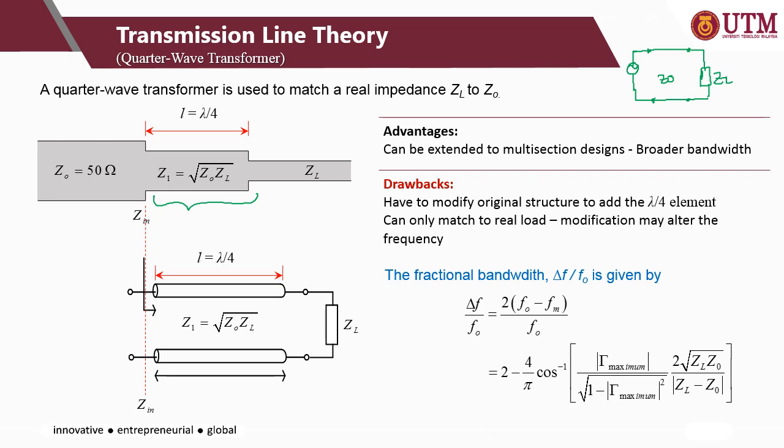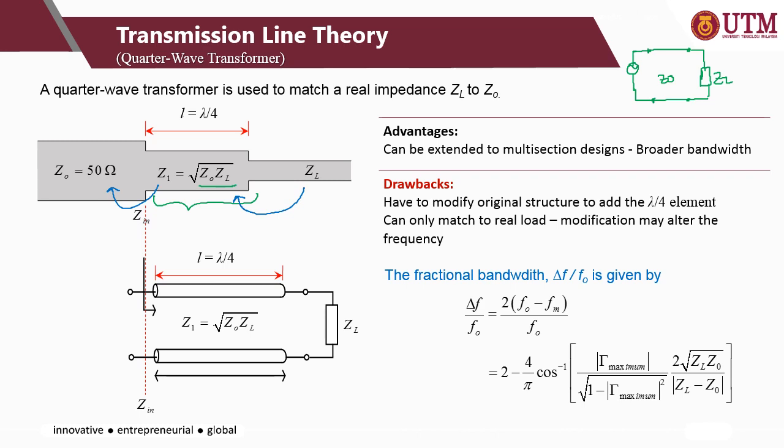The characteristic impedance for the additional lambda over 4 element is given by Z1 equal to the square root of Z0 times ZL. So the load must be matched to the characteristic impedance of the prior element, and then Z1 needs to be matched to the original or real impedance of Z0.